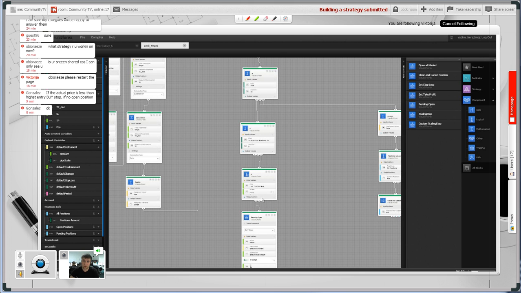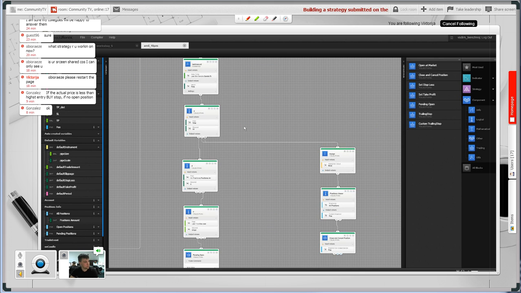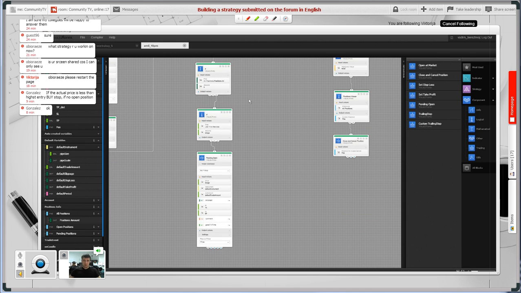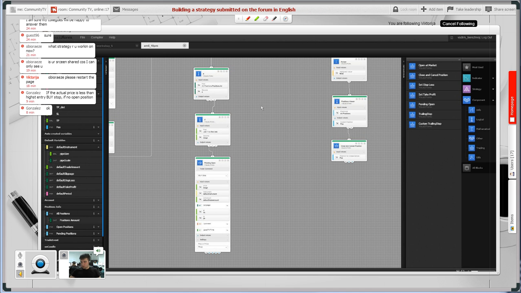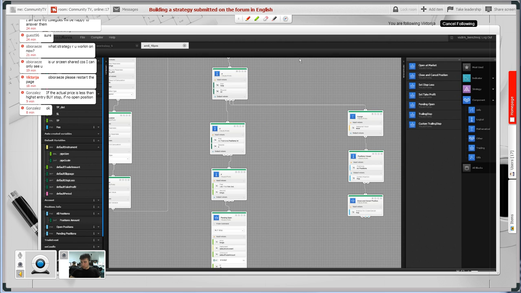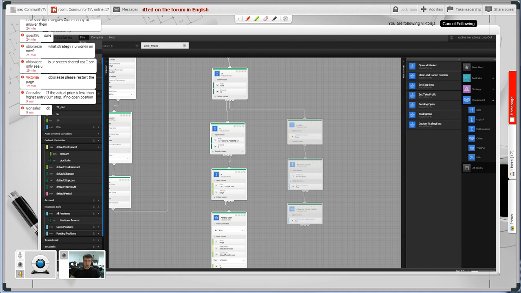If strategy is on, it's 10 p.m., so it's time to stop the strategy. Here it goes, it stops and closes all the positions. And once again, okay, we built a huge strategy, then we should save it.